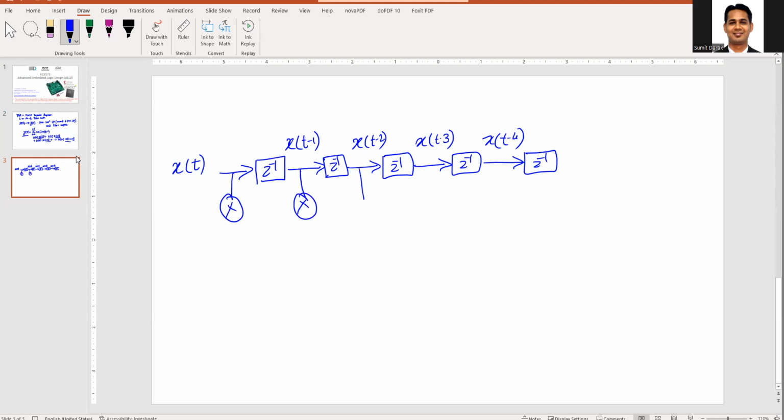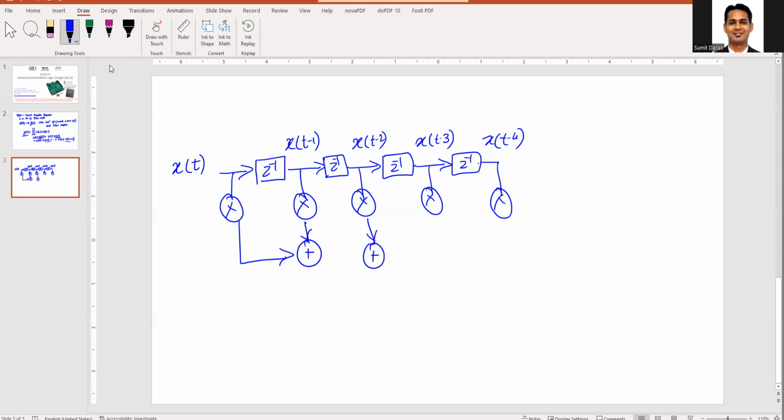So you have the multiplication operation here. Since this is a filter of order 5, and that means the length is 6, you need 5 multiplication operations, and then you will perform the addition operation here to get the y of t.